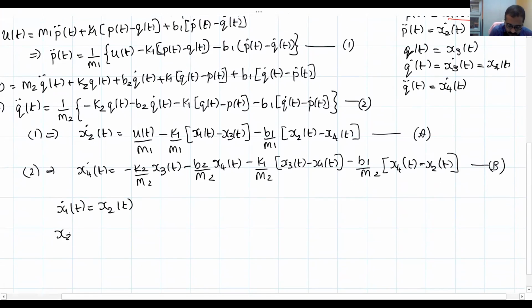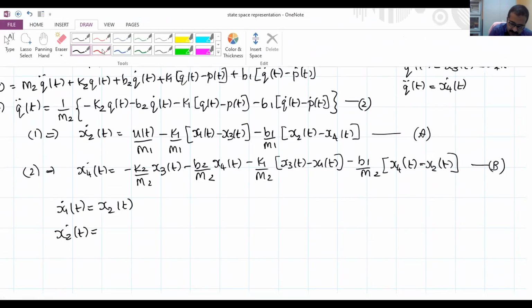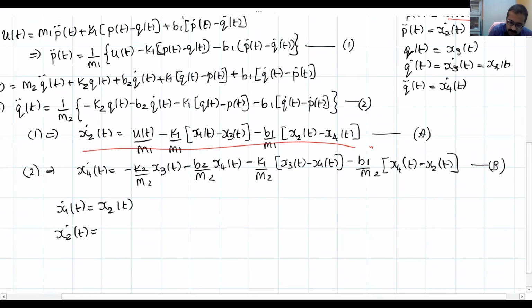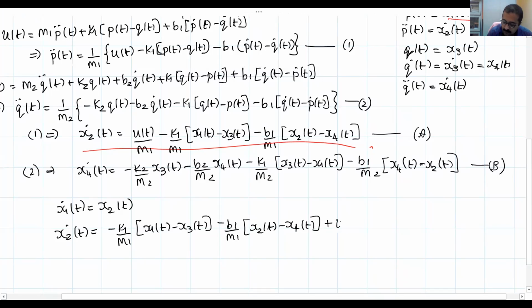Now what is x2 dot t? x2 dot t is this expression we have already seen: minus k1 by m1 into x1t minus x3t, minus b1 by m1 into x2t minus x4t, plus u of t by m1.